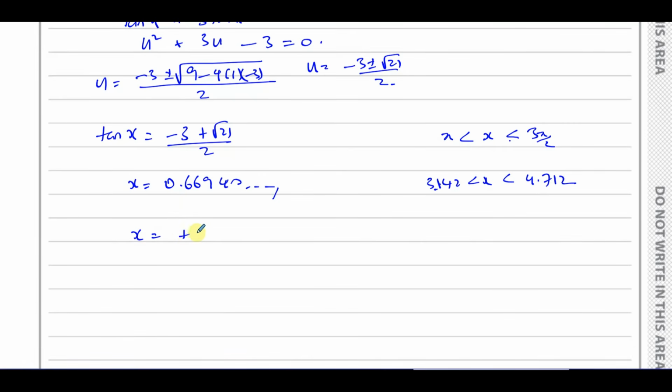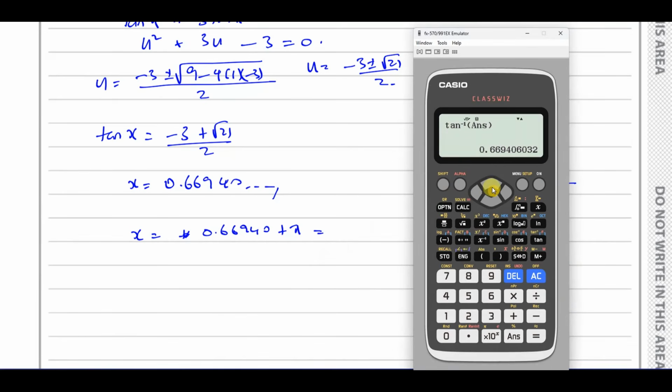If I take the answer 0.66940 and I add pi to it, is that going to be in the range? Yes, it is. So I'm going to take the inverse tan of this and add pi to it.